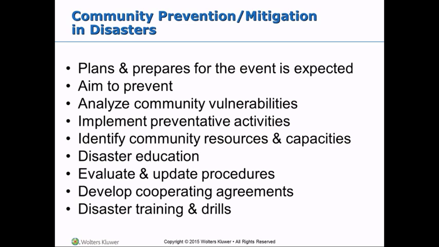Part of this preparedness is to analyze community vulnerabilities and implement preventative activities. This stage is also used to identify community resources and capacities. Communities implement disaster education, evaluate and update procedures, and develop cooperating agreements.